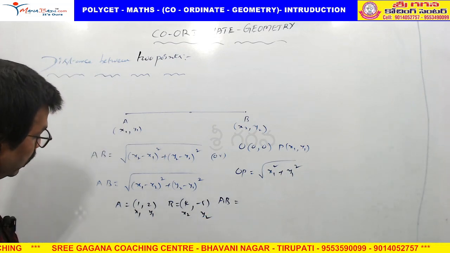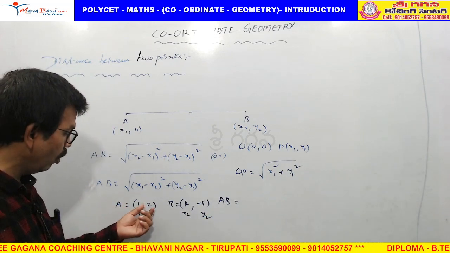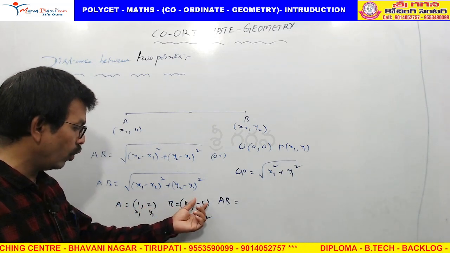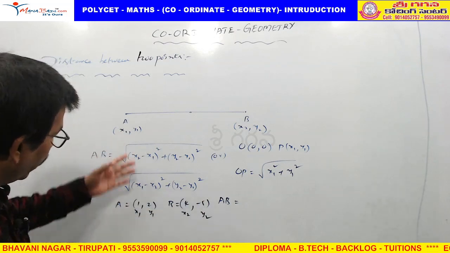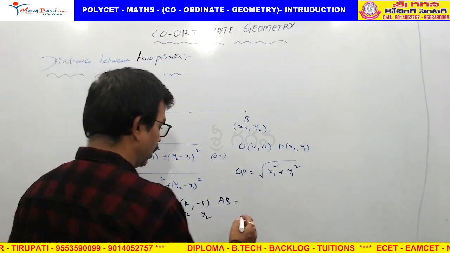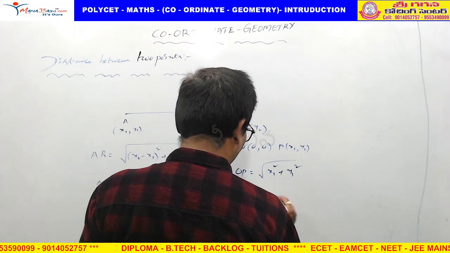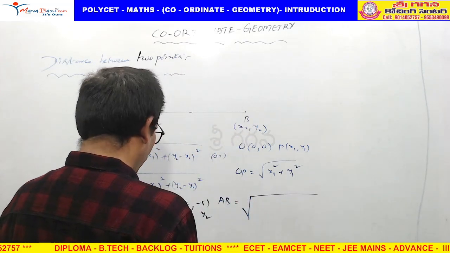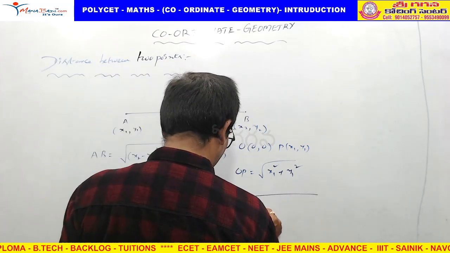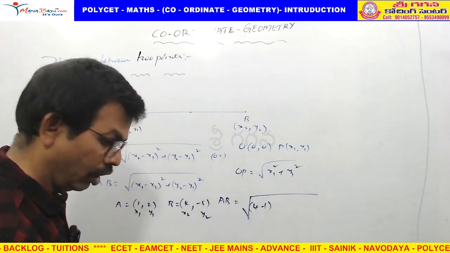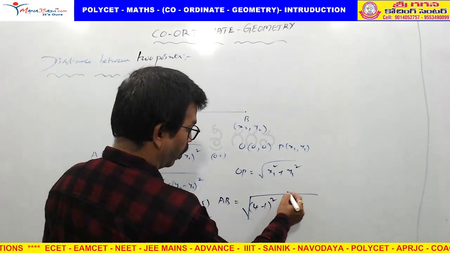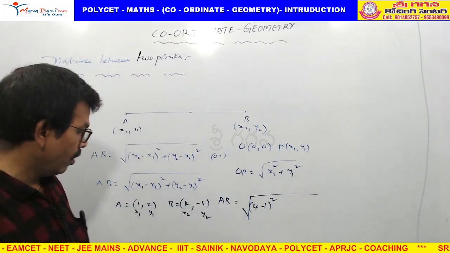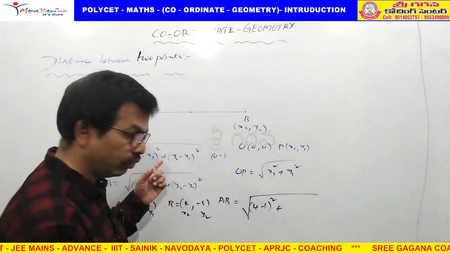The first value is always the x coordinate, then the y coordinate, then x coordinate, y coordinate. You can take any formula and you will get the same answer. So under root of x2 minus x1, 4 minus 1. If you take 1 minus 4, the same answer will come, no problem. 4 minus 1 whole square plus, in between plus will be there.